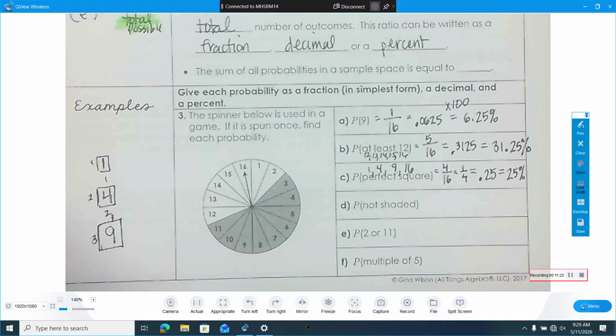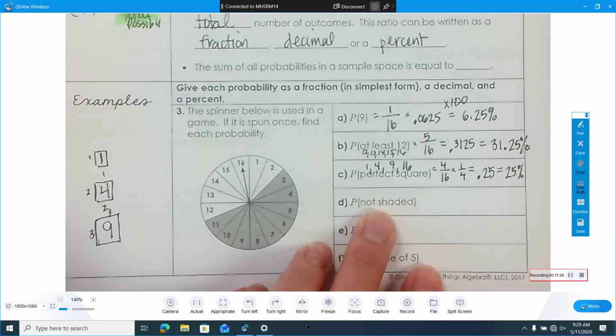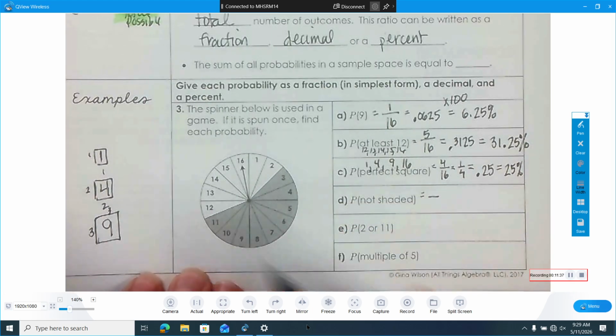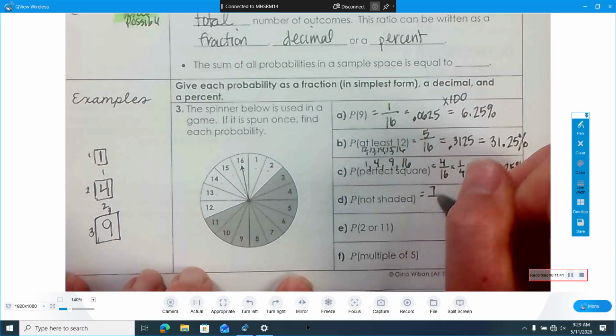Okay. What is the probability that you land on something that's not shaded? How'd you get 7? You counted the non-shaded. 1, 2, 3, 4, 5, 6, 7 out of 16.